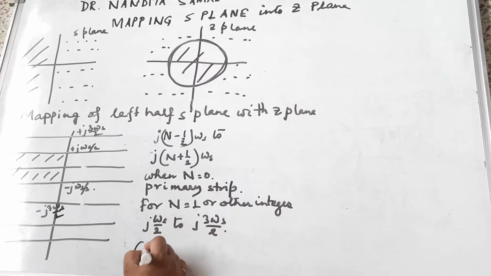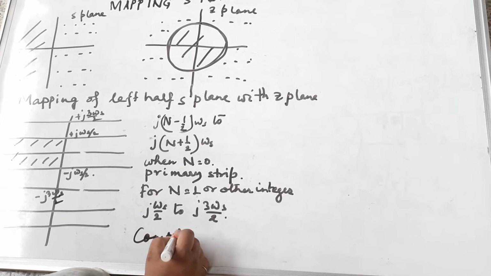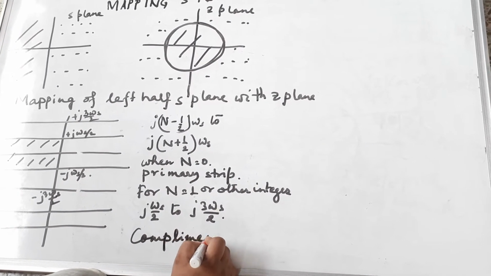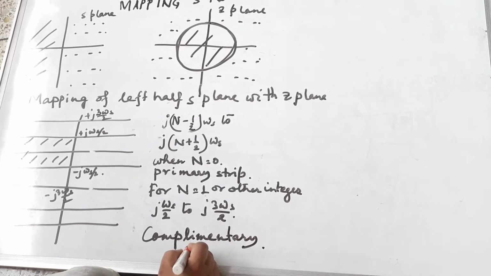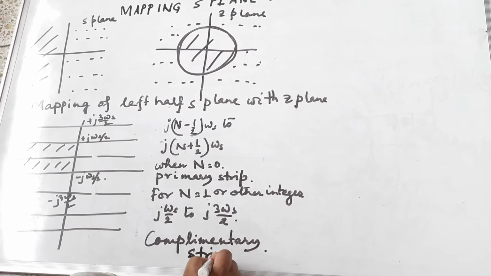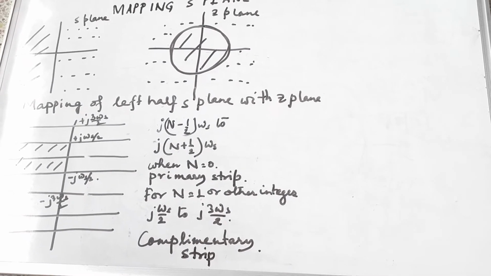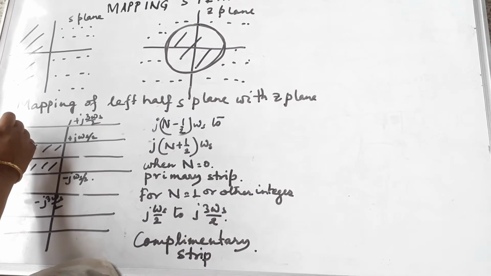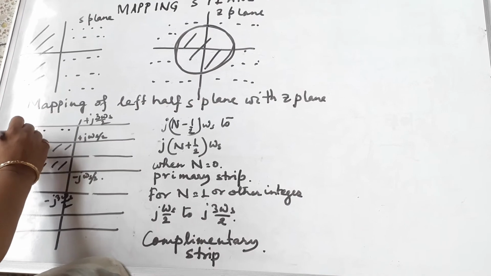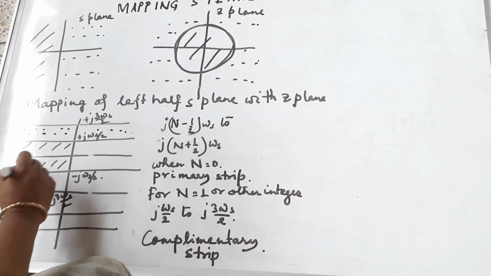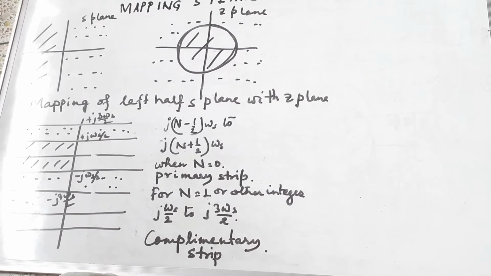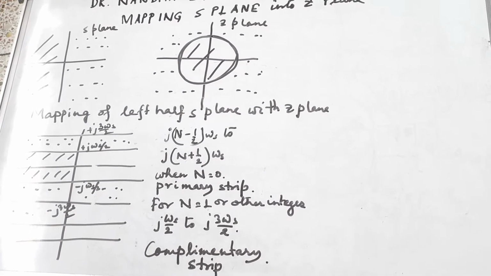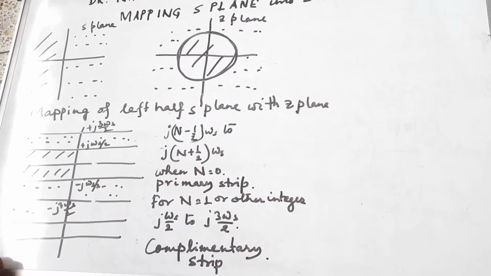These are known as complementary strips. In this manner, entire S-plane can be divided into several strips, that is primary strip and complementary strip.